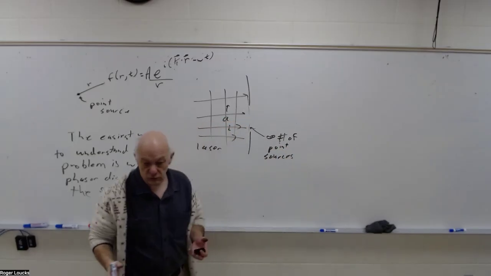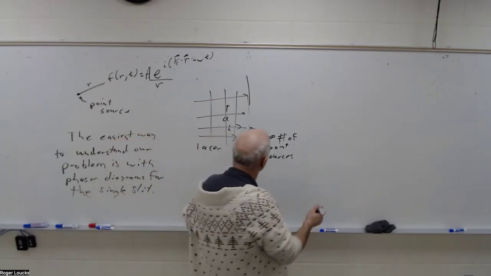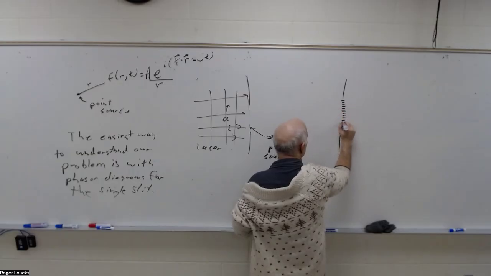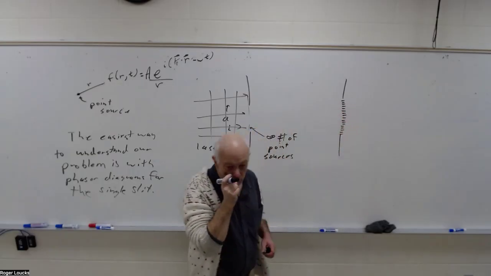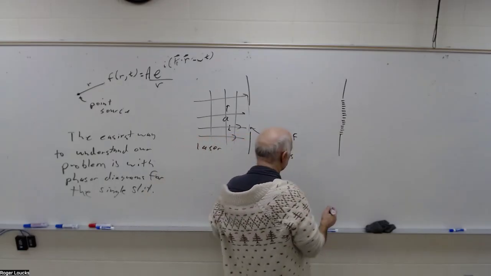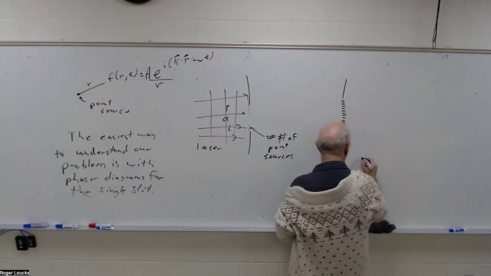So we're gonna break this up into a whole bunch of little point sources. I'm gonna imagine breaking this up into a whole bunch of little slits, and I'm gonna draw a phasor for each of these little slits.